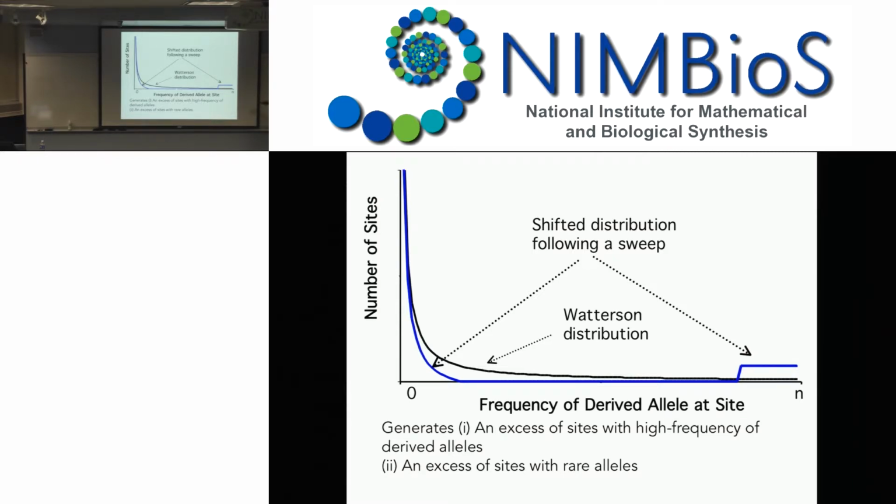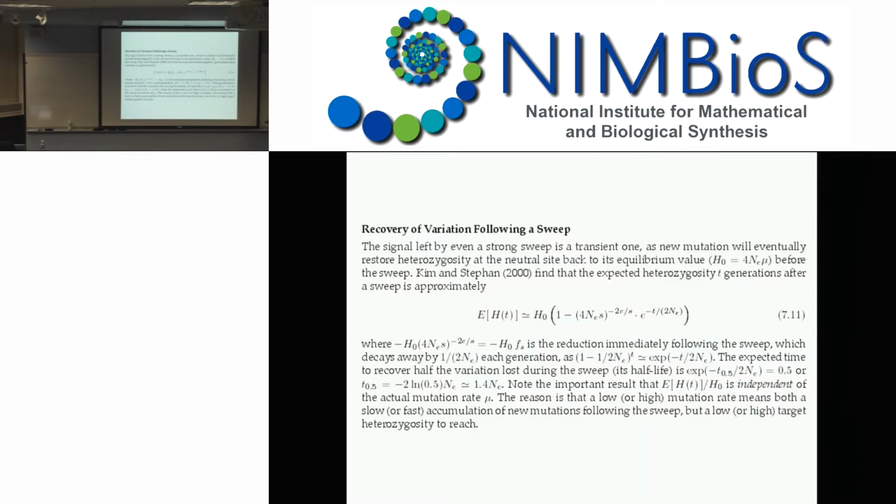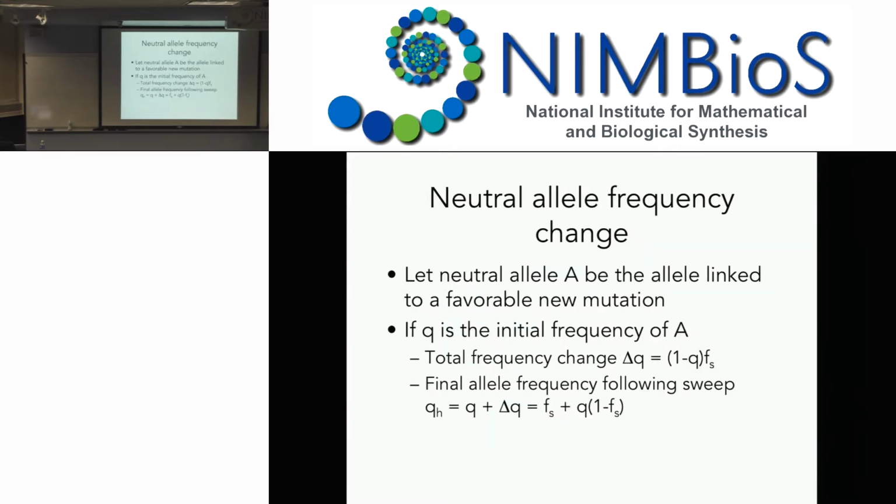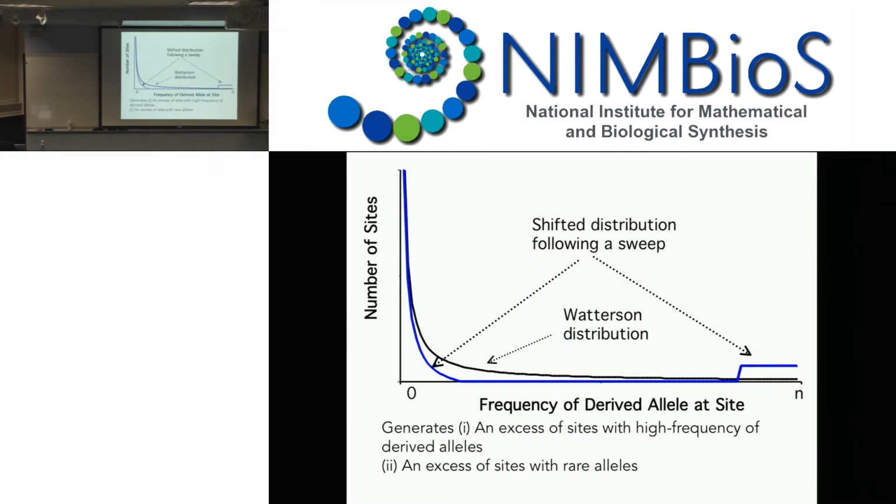What you see here is it sweeps it down to low, and you can basically look at the structure from here. So a fraction of sites get shifted to low frequency, a fraction gets shifted to high frequency. So you get this structure here. You get an excess of low frequency derived, and an excess of high frequency derived, which is a big signal. This is an unusual signal you don't expect under most population structures.